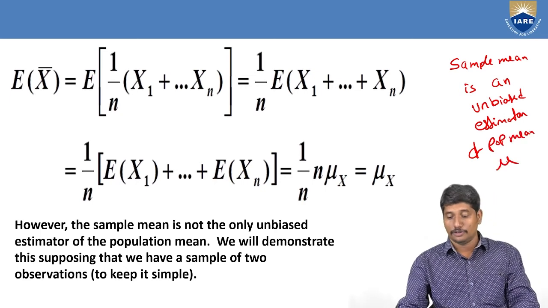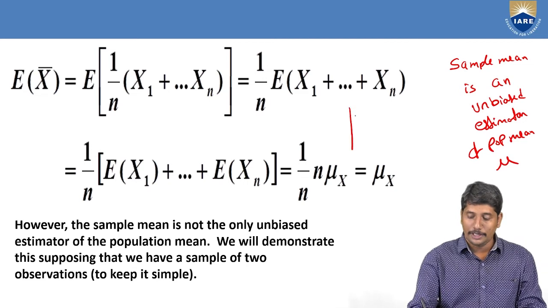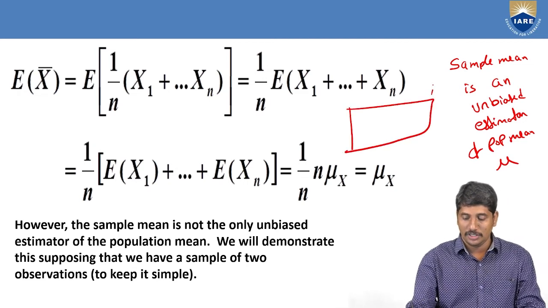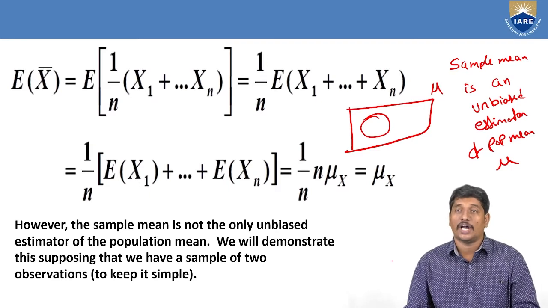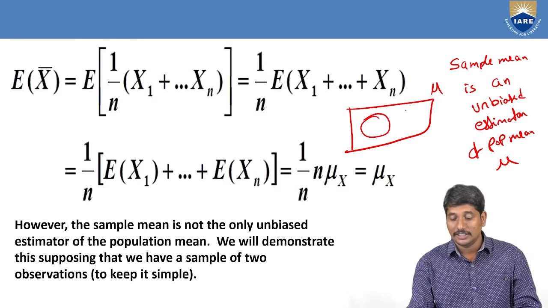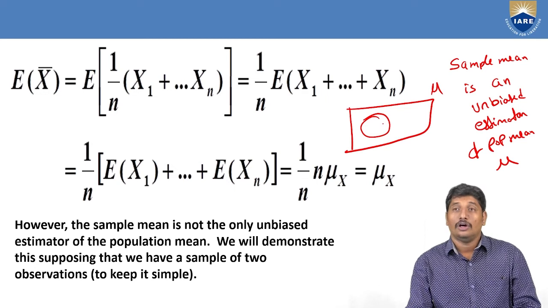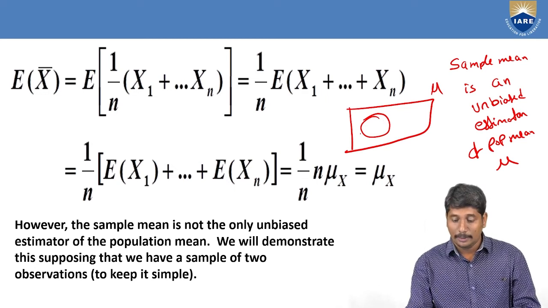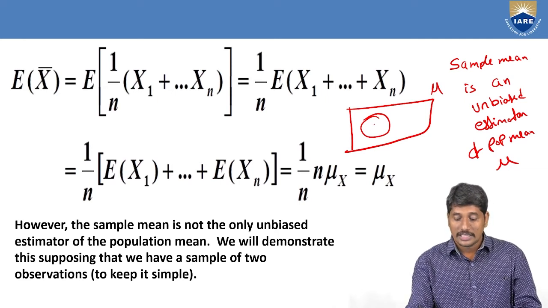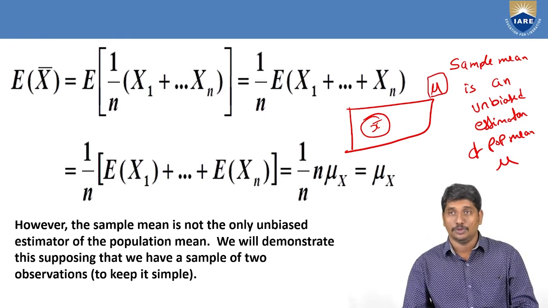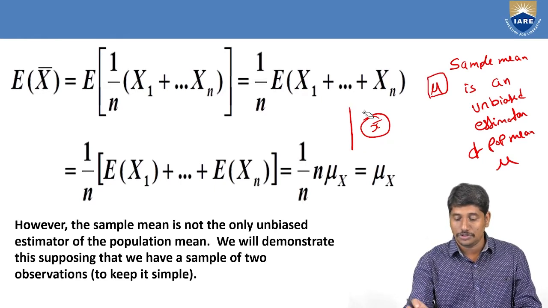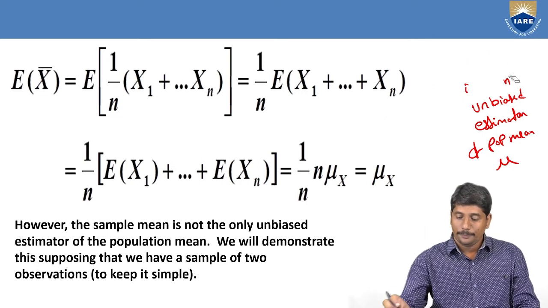That means whenever you try to estimate the population mean with the help of a sample mean, for example, if you want to calculate the average height of IARE students based on a sample of second year students, this is only second year, this is the whole IARE, then the sample mean x bar is an unbiased estimator of the population mean mu. That is what we are going to show. Let us prove this.